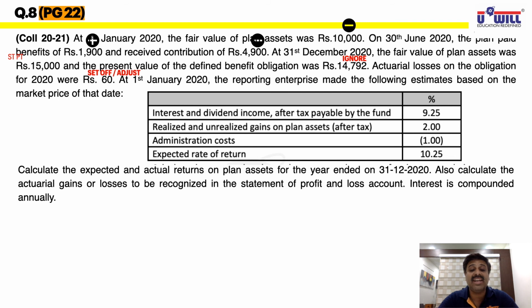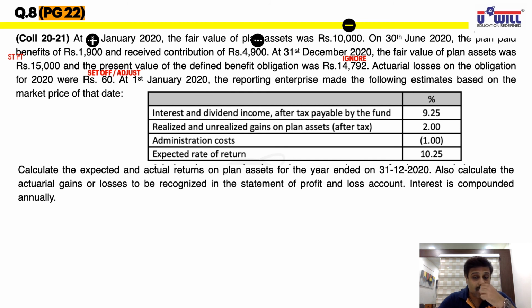This we have to set off and adjust. Whatever are our actual returns and whatever actuarial gain or loss we will get in our example, against that, we have to set off this 60 rupees. If we get actuarial loss, then actuarial loss will increase with this 60 rupees. If we get actuarial gain, then actuarial gain will decrease by this 60 rupees and the net amount will go in P&L account. So this actuarial loss of 60 rupees is to be set off or adjusted in our answer.